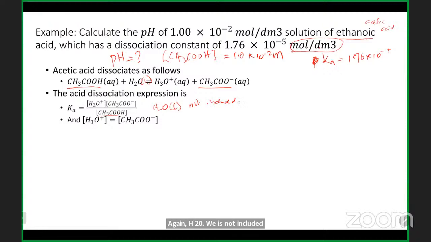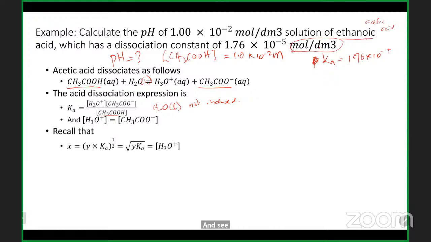And so from the last slide, X equals the square root of Y times Ka, where Y is the initial concentration of the acid at the beginning.